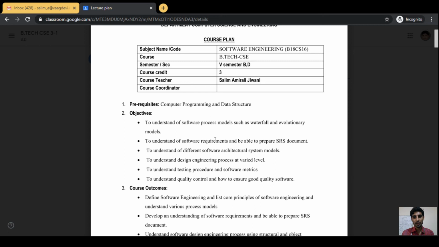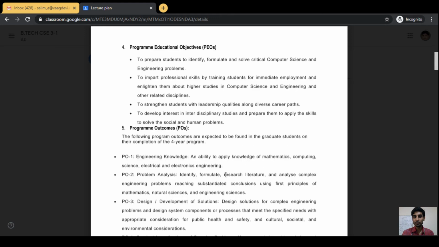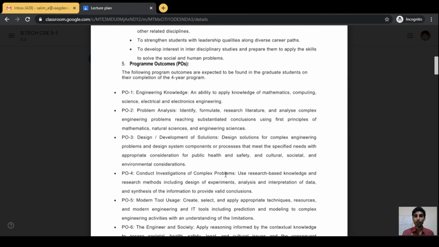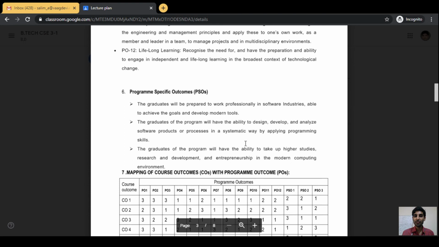These are the program educational objectives that have been given to us by the institution. These are the program outcomes which have been specified by the institution and the Department of Computer Science. And these are the program specific outcomes, and this is the mapping that we have with respect to the course that was developed by me.